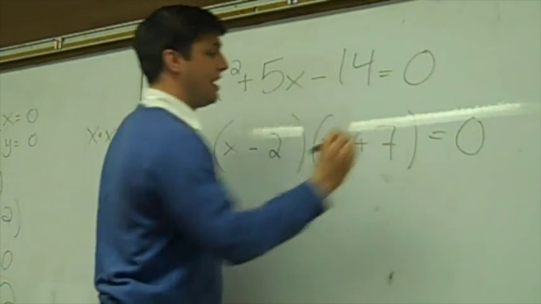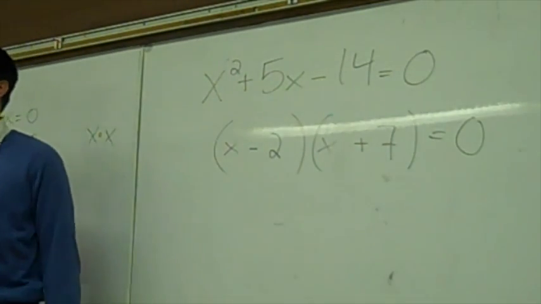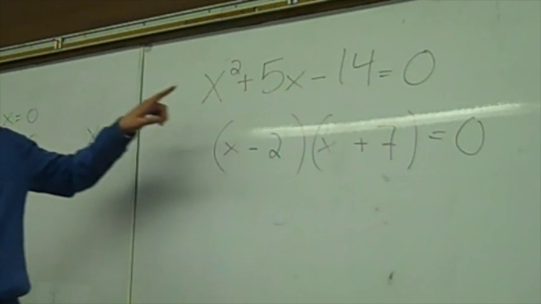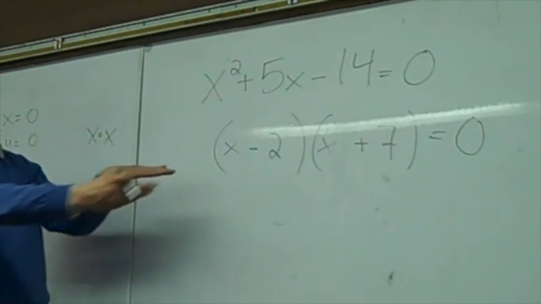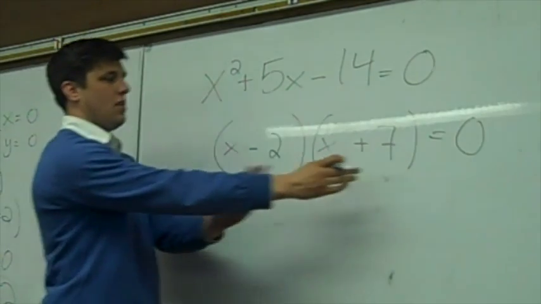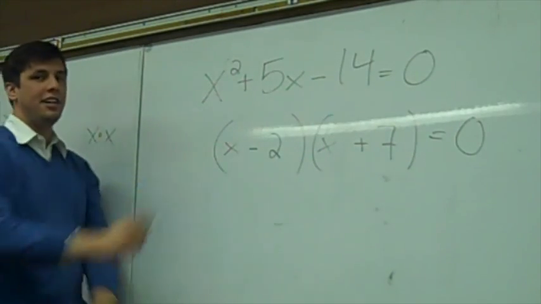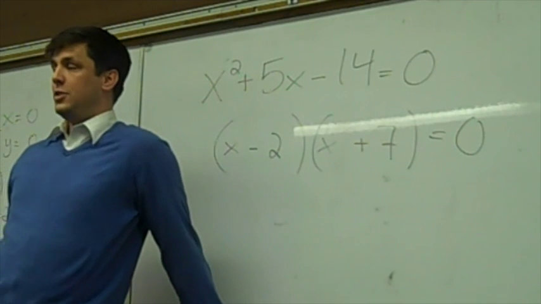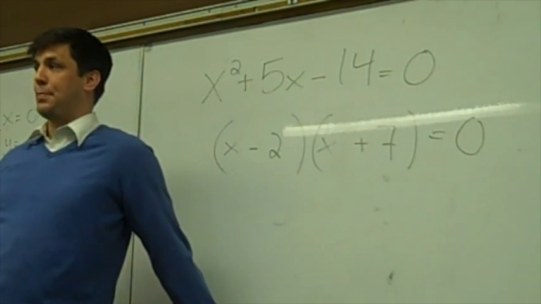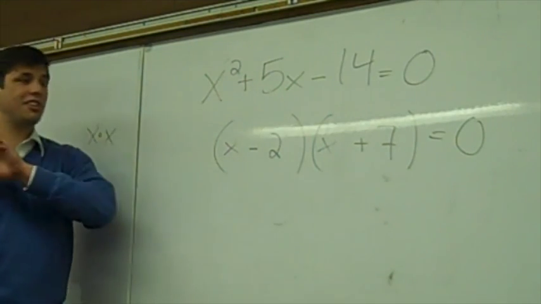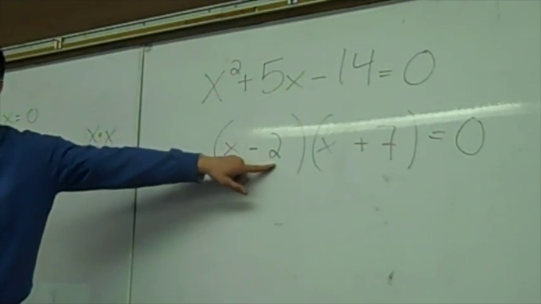If you want to work through this homework and go pretty fast, whenever you see a trinomial with no number in the front, it'll create 2 of these where it's just an x minus or plus a number. If you see x minus or plus a number, your answer is going to be the opposite of that number. So I can look at this and just say opposite of negative 2, positive 2.